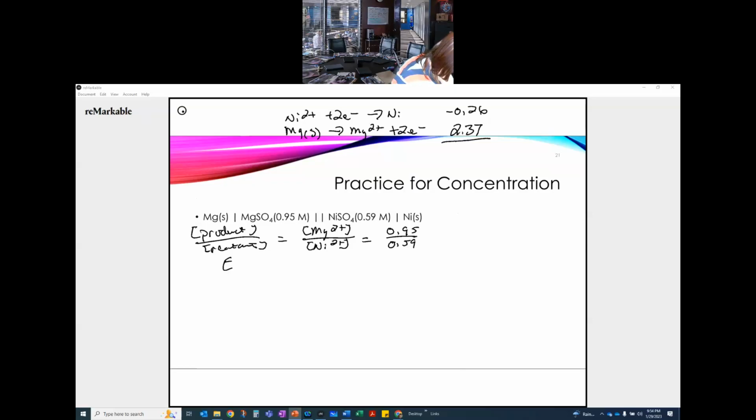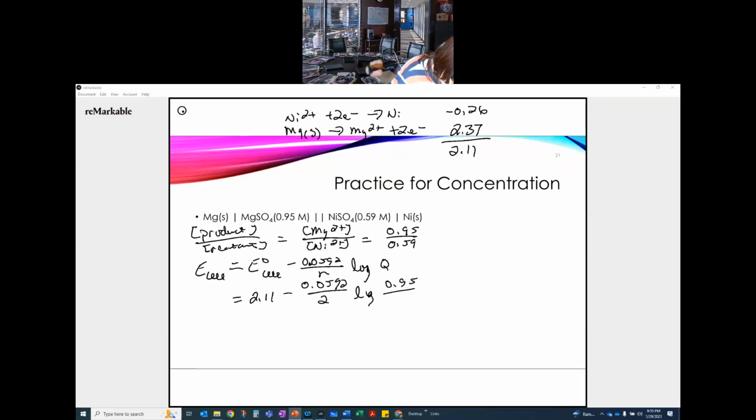So my E naught, it's not an E naught, it's an E cell, is equal to E naught cell minus 0.0592 over N times the log of Q. So that's equal to 2.11 minus 0.0592 over 2 times the log of 0.95 over 0.59.